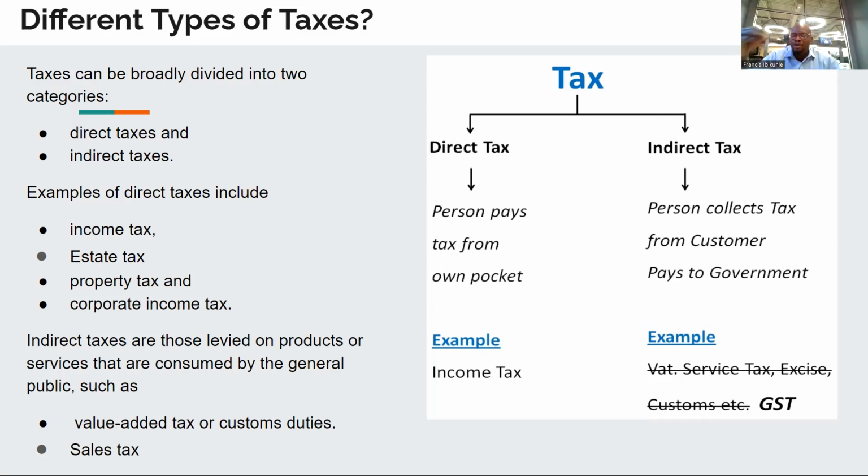But the one where you pay without knowing, where a person collects it on your behalf and passes it to the government, that is indirect tax. An example is sales tax. You go to Walmart, you want to buy something, and by the time you pay, you see on your receipt 8.25%, something like that, tax. They take taxes from you. Those are examples of indirect tax, and you keep paying them every time.